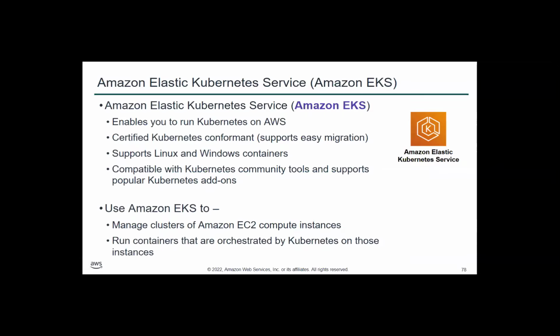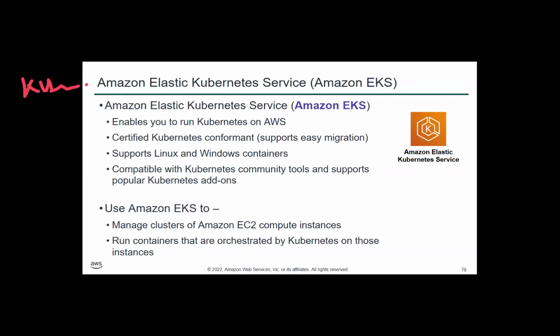AWS has one more service called EKS, Elastic Kubernetes Service. Why did they create it? Some people are comfortable working with particular tools like Kubernetes and use it regularly, but if they suddenly have to move to AWS ECS, they will not feel comfortable.